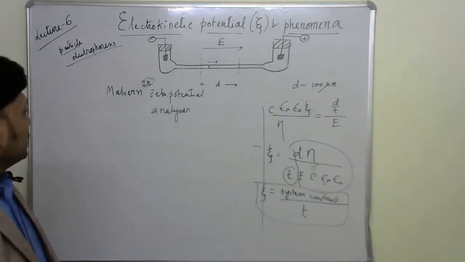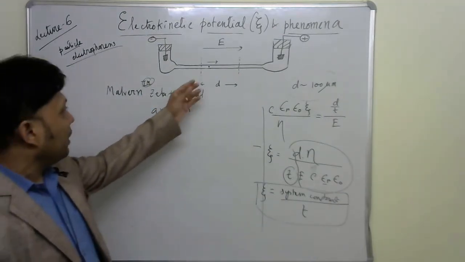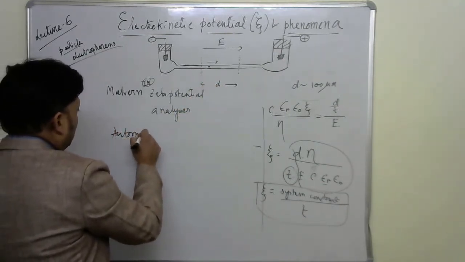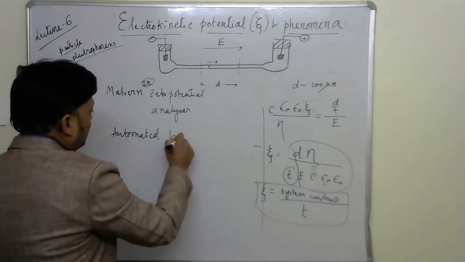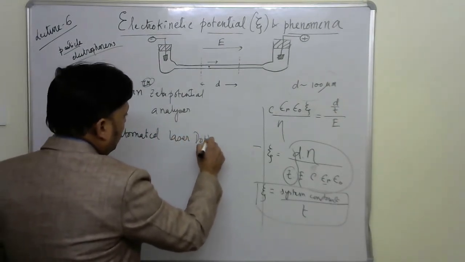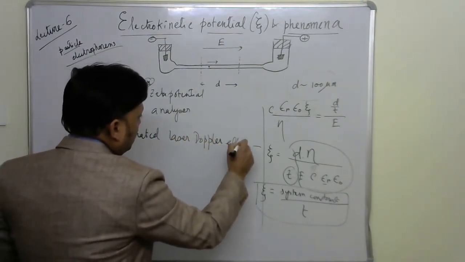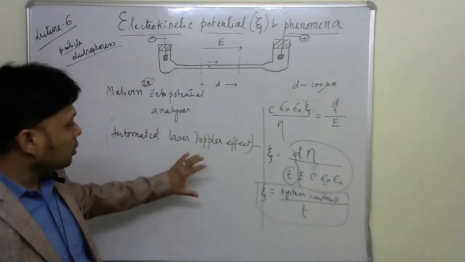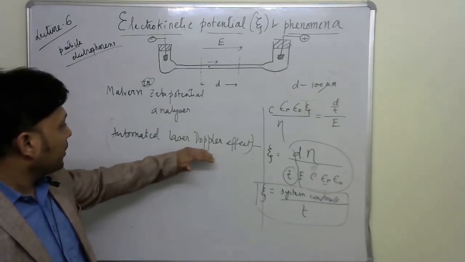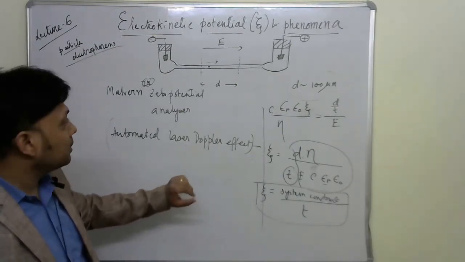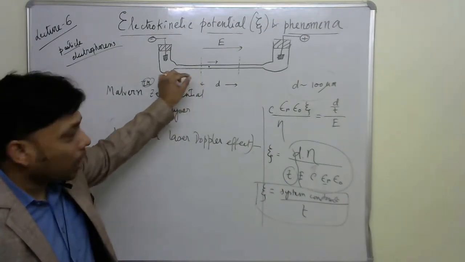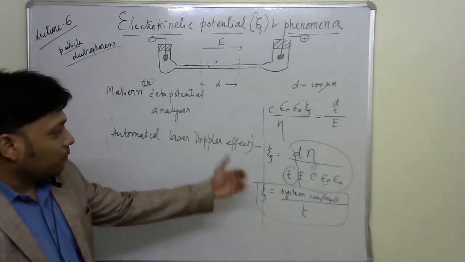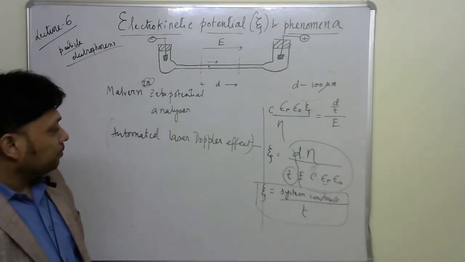Anyway, so there, instead of an ultra microscope, they use some automated laser Doppler effect. Okay. So this is based almost like the principle of ultra microscope, but it's depending on the laser mediated Doppler effect to follow the particle, to track the particle movement, and the rest of the things are the same.